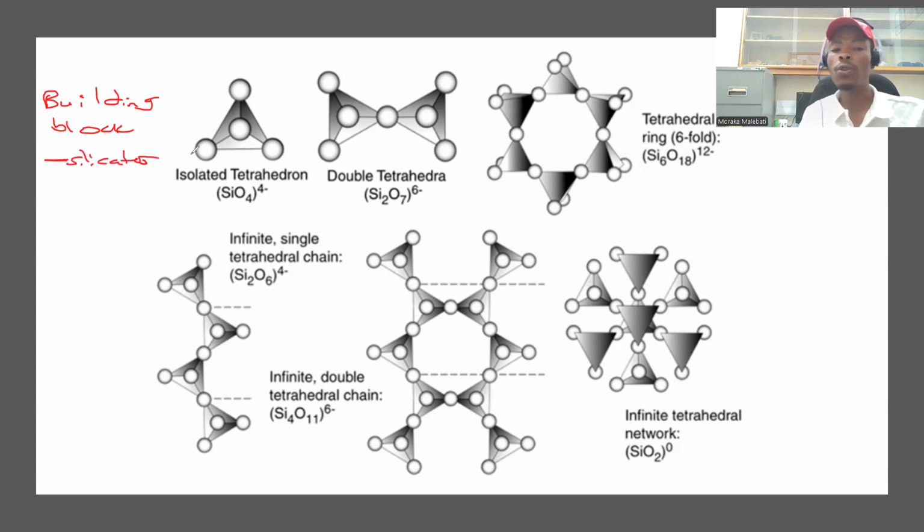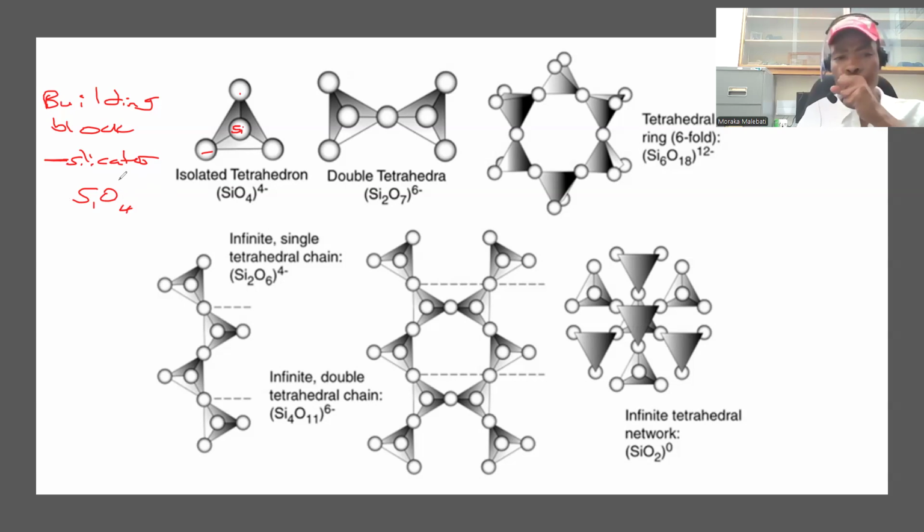It's a silicon tetrahedron with silicon in the middle, surrounded by four oxygens: 1, 2, 3, and another oxygen at the back. That gives you SiO4, the silicon tetrahedra. This is the building block.